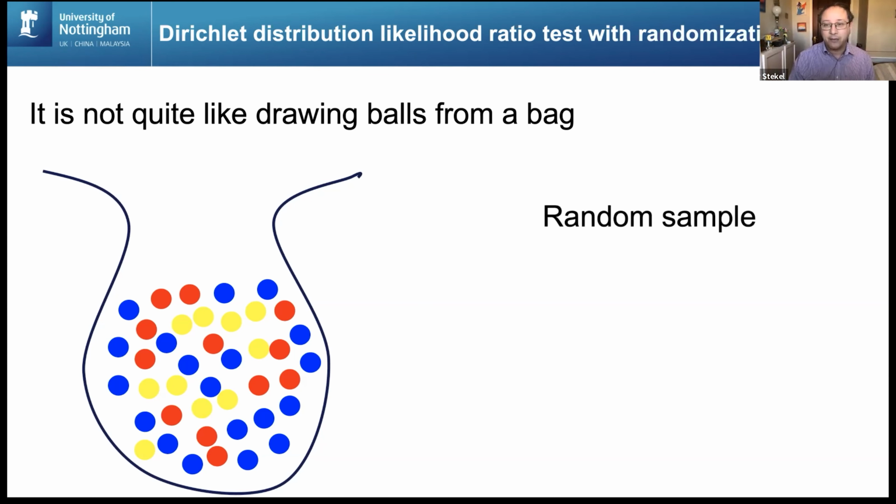And so you might end up getting a random sample where, as you start drawing out these different colored balls, which might represent different sequences, you end up with some different probabilities, and they might be representative of the overall frequency of those genes or taxa or whatever it is you're interested in that community.